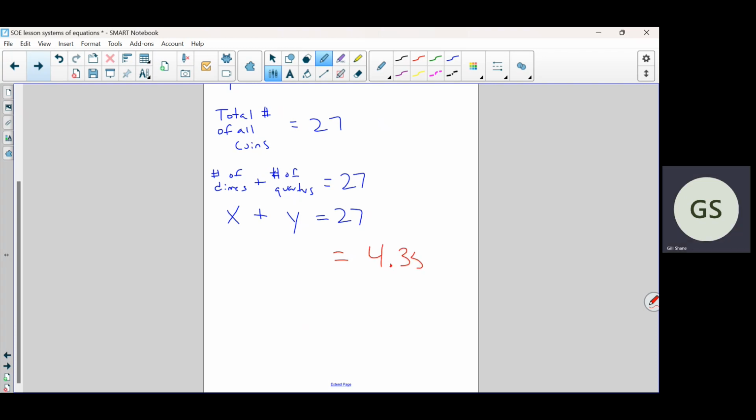So that's kind of like my total, but it's a total of money, not a number of coins total. It's a total amount of money, a value of the money. Now I know I'm going to have an X and a Y because I've got dimes and quarters. So somehow I'm still going to have the X and Y's on the other side. What numbers are... they're not giving me any other numbers.